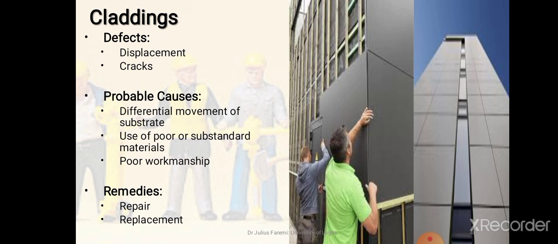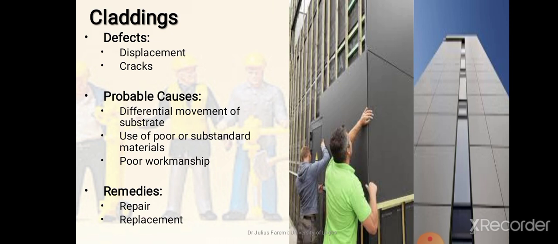Differential movement of substrates in cladding would obviously result in the displacement of the subframes, while the use of substandard materials or poor materials could result in either displacement of cladding subframes or in cracks of cladding panels such as glass, or in both displacement and cracks altogether.